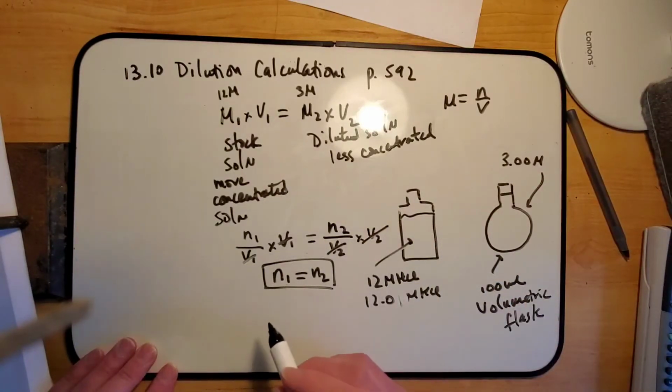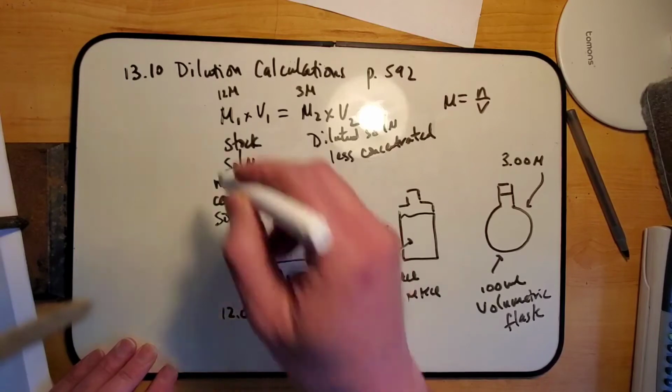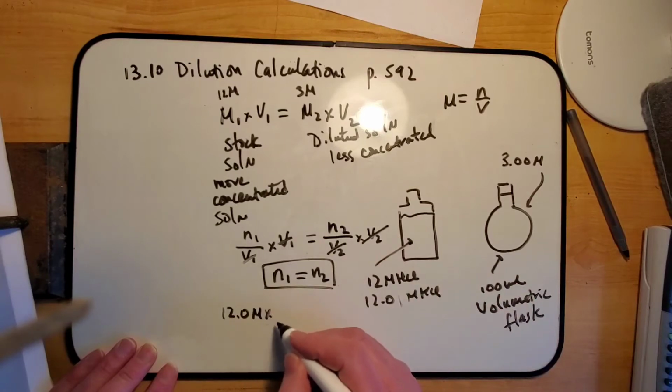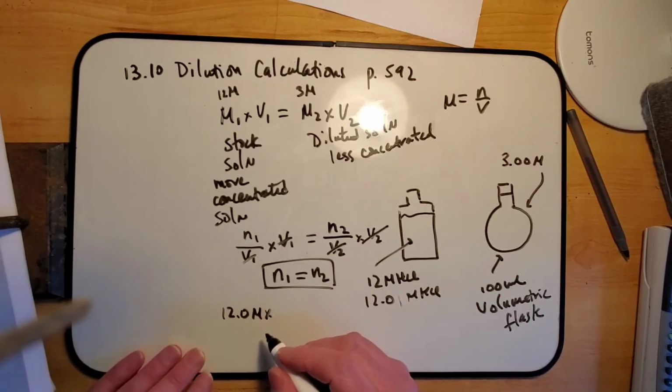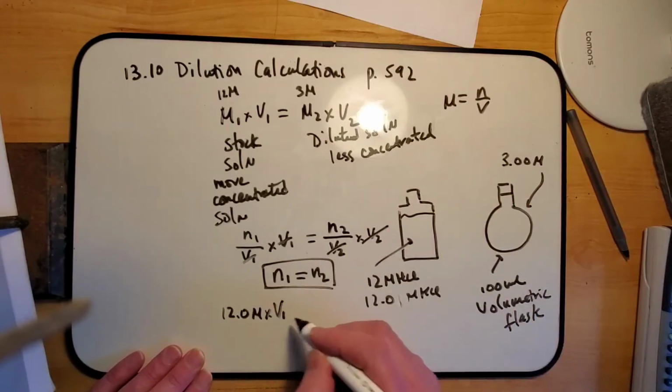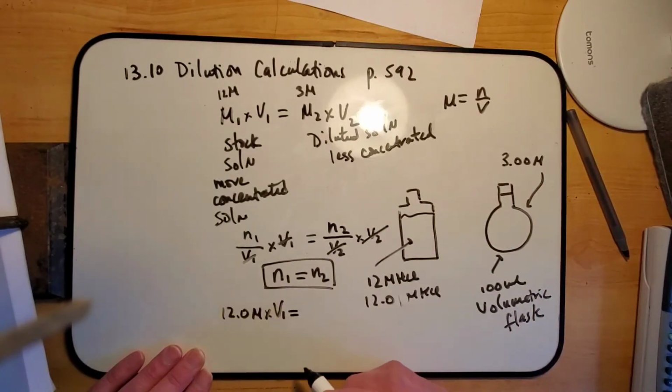Okay, so I know that my M1 is the 12.0 molar solution right here. This is the concentration of my first solution, my stock solution, times, I don't know how much I need to take out to prepare this solution, so I'm going to put V1. It could have been an X, it doesn't matter, but I just want to be consistent with the terms in this equation.